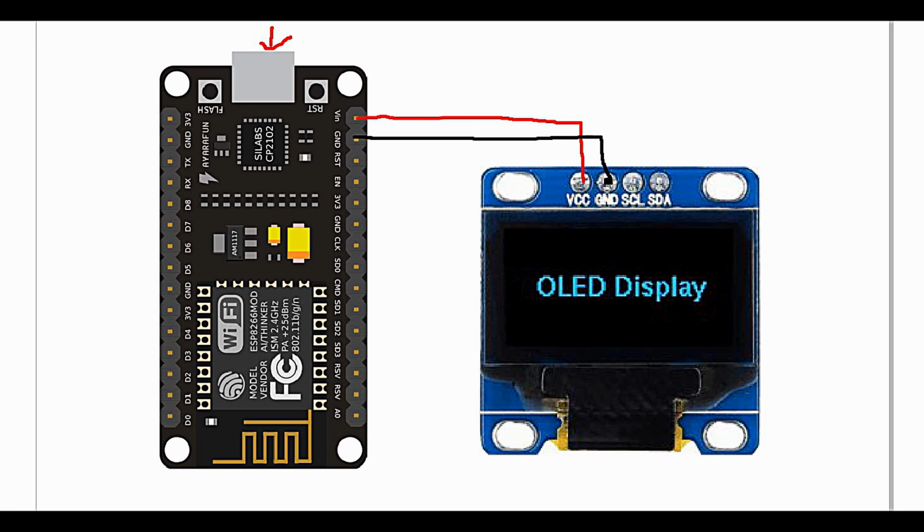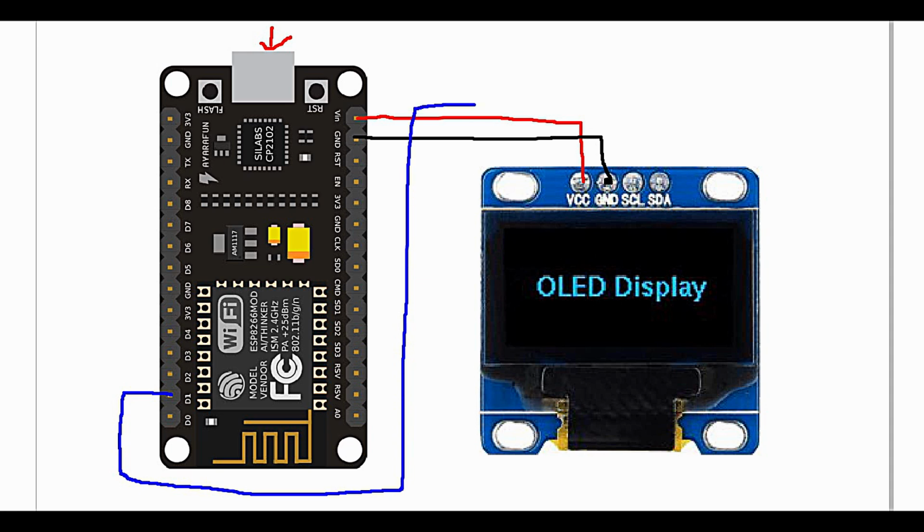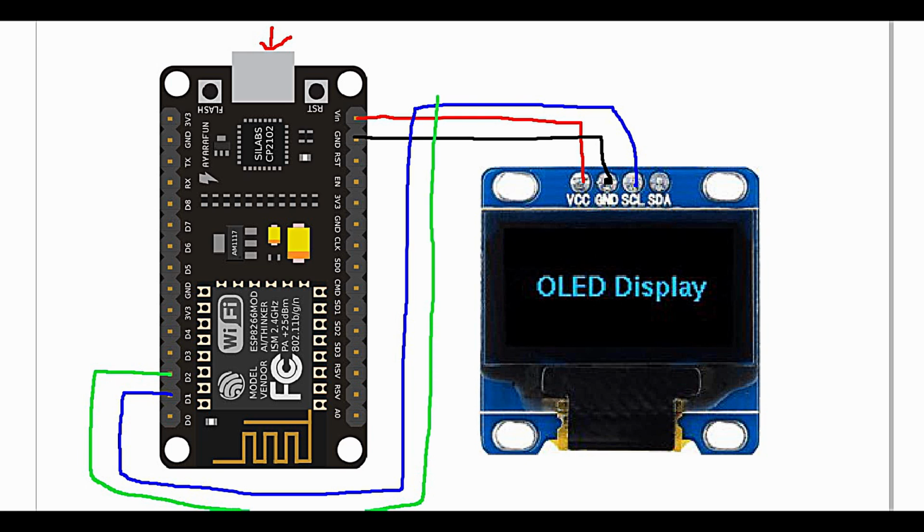The clock pin I am going to connect to D1 of the NodeMCU right over here. So I am taking D1 for connecting the clock pin of the OLED display, and for the data pin I will be using the D2 pin of the NodeMCU.